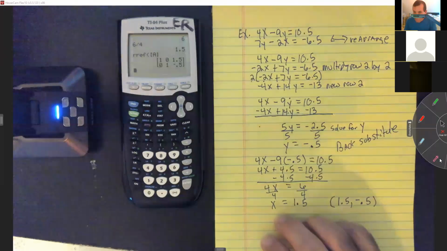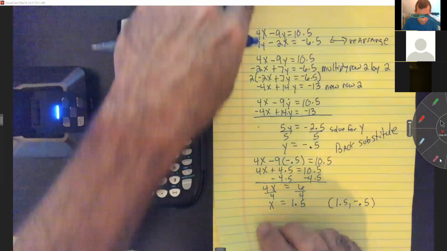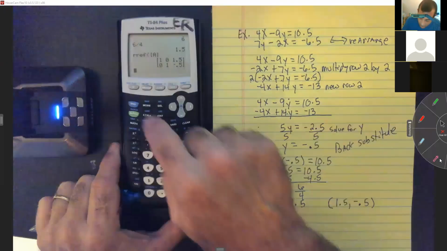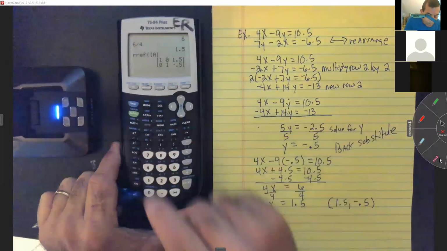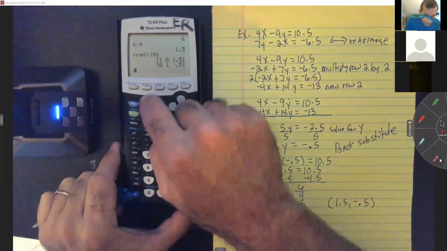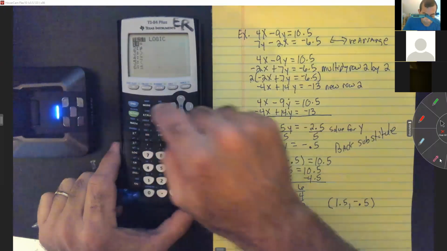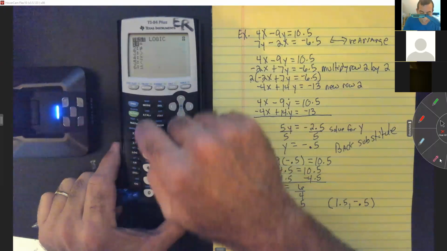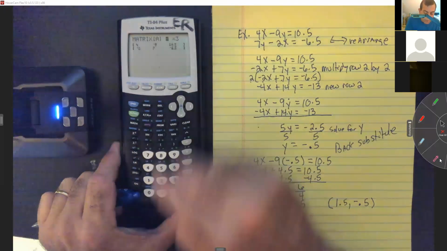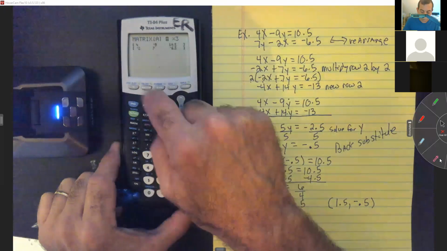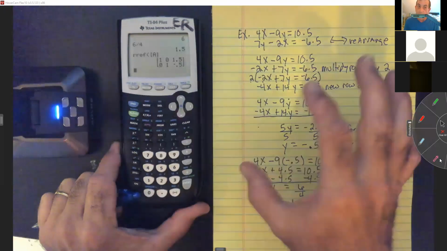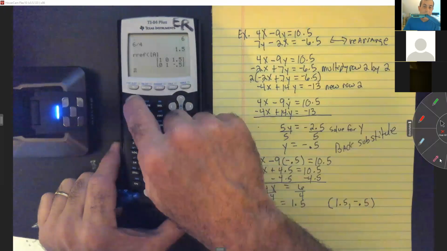After you hit out of it, where do you find the... So let me get to that point. Say I got to this point and I'm going to quit my screen. So I'll hit second mode and quit my screen. Now we got to go get the RREF. So hit second, x negative 1, back to the matrix.